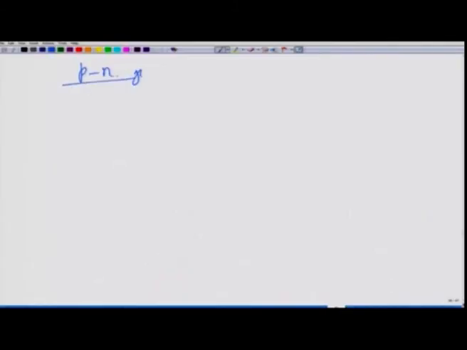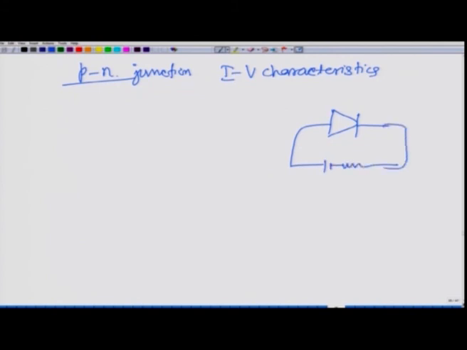Now, in a PN junction, you had some characteristics, right? Remember, in PN junctions, we talked of IV characteristics. If I have a PN junction in some circuit, the voltage across the junction is V, and the current going through this junction is I, then the IV characteristic we plotted had some threshold, and after the threshold it increased rapidly.